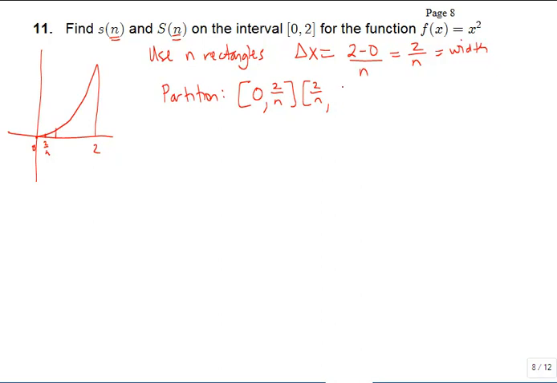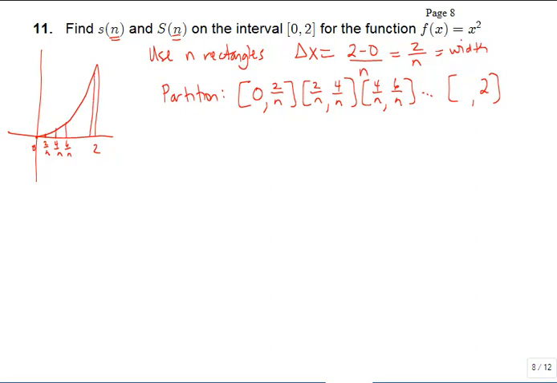So 2 over n plus another 2 over n means it's going to stop at 4 over n. And then the next one, if it went over another 2 over n, it would stop at 6 over n. So the third rectangle picks up at 4 over n and goes to 6 over n, and so on until we get up to 2. Okay? So we're going to have n of these.